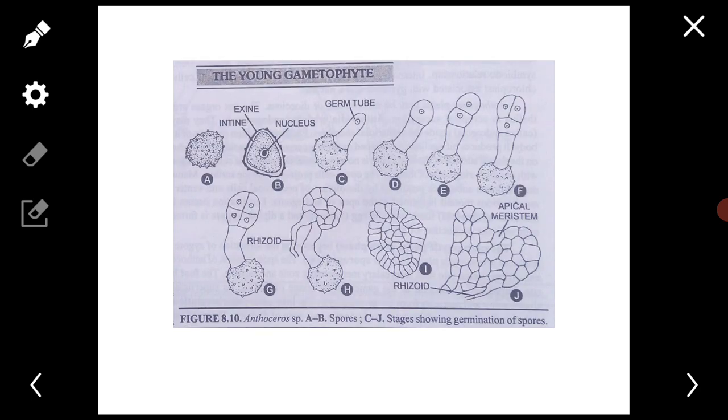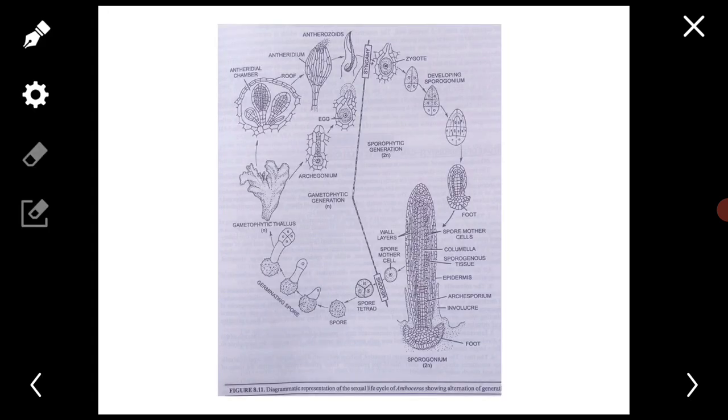Students, here you see this. It starts germinating without a resting period while enclosed within the archegonium and develops a sporophytic plant body called the sporogonium. That is the sporogonium.